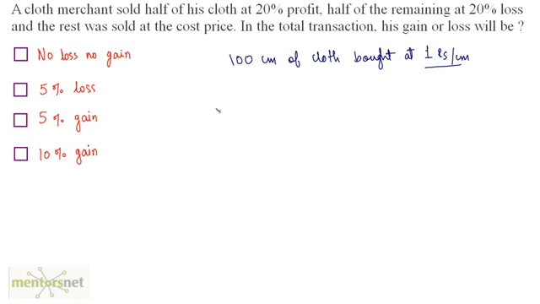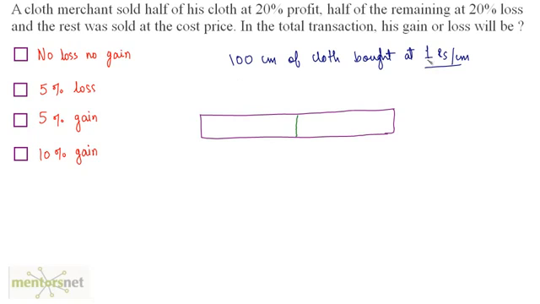So we have this 100 centimeter of cloth. Now on the top of this cloth I'll be writing the cost prices, and on the bottom I'll be writing the selling prices. So this cloth merchant sold half of his cloth. So the half of this cloth will be approximately this left half.